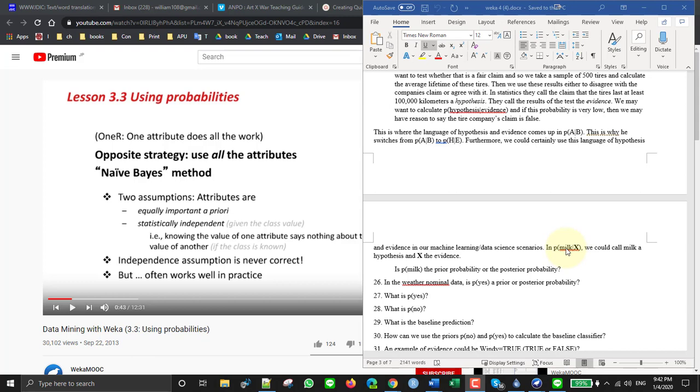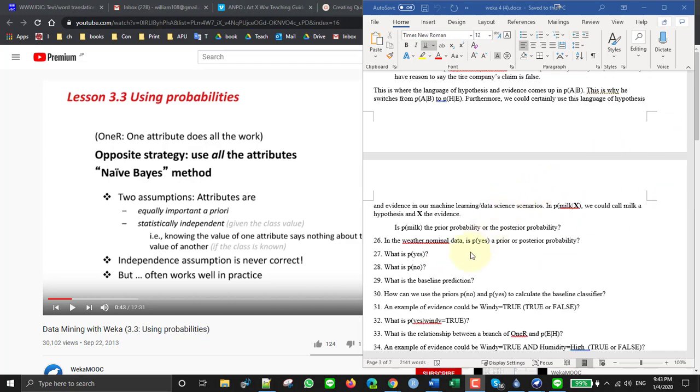After being given that information, what's the probability of milk? So this kind of statement is a posterior probability, but just the probability of milk, not given something else, is called the prior probability. So probability of milk without any givens here is the prior probability.